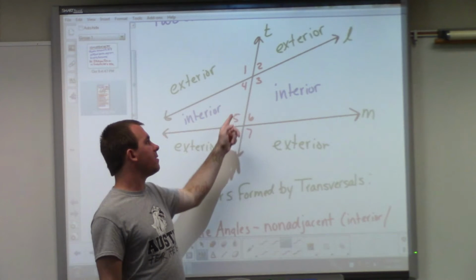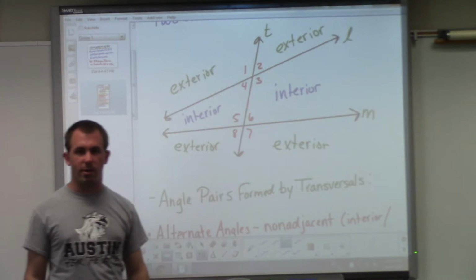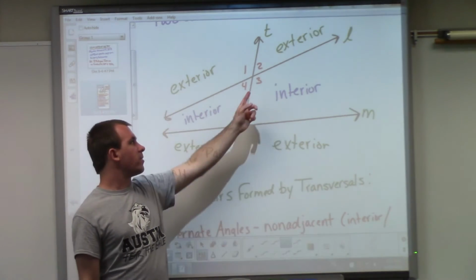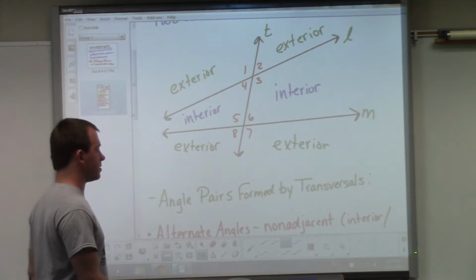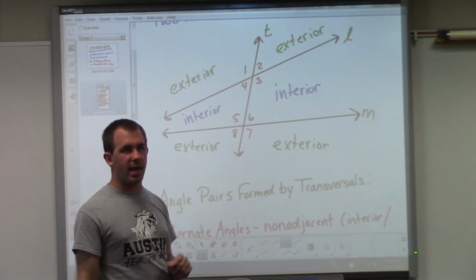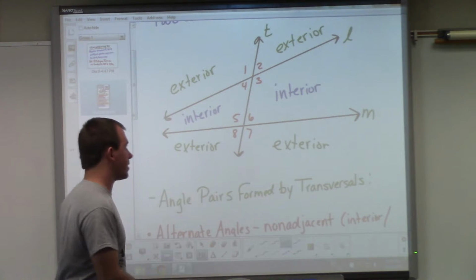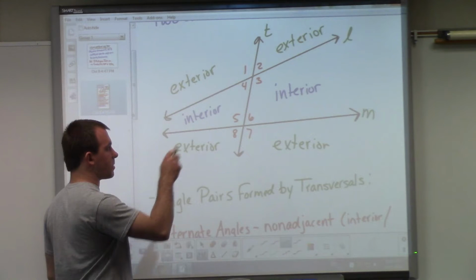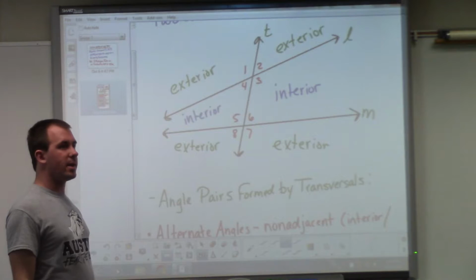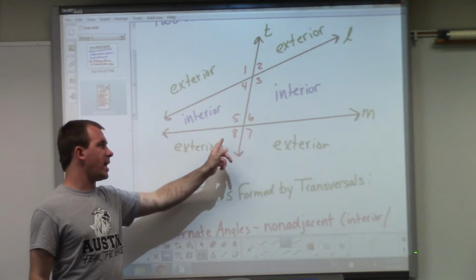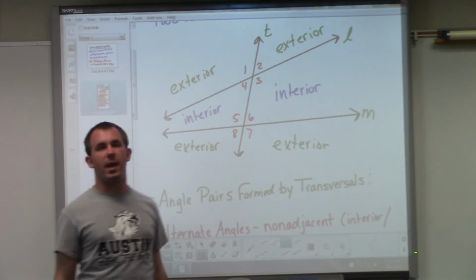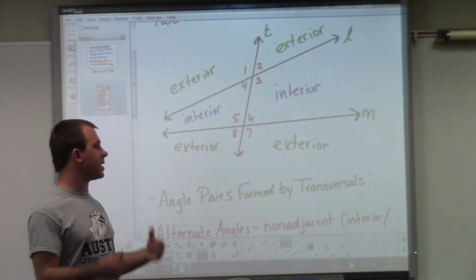So 4 and 6 would be alternate interior angles. Likewise, 3 and 5 would be alternate interior angles. They are non-adjacent, they're not right next to each other, and they are on opposite sides of the transversal in the interior. Exterior, same idea. They cannot be adjacent, so 7 and 8 cannot be alternate exterior angles. 1 and 2 cannot be alternate exterior angles because they are adjacent.